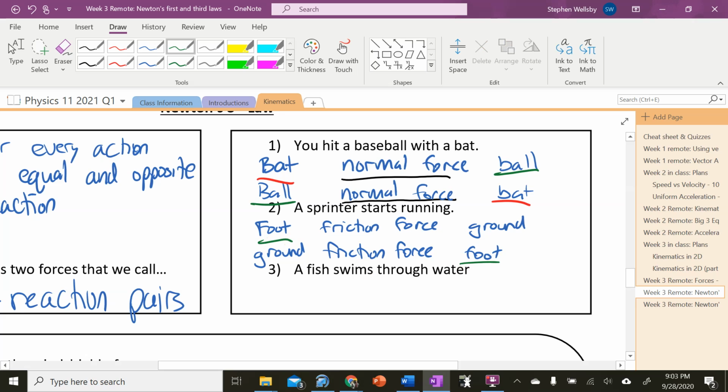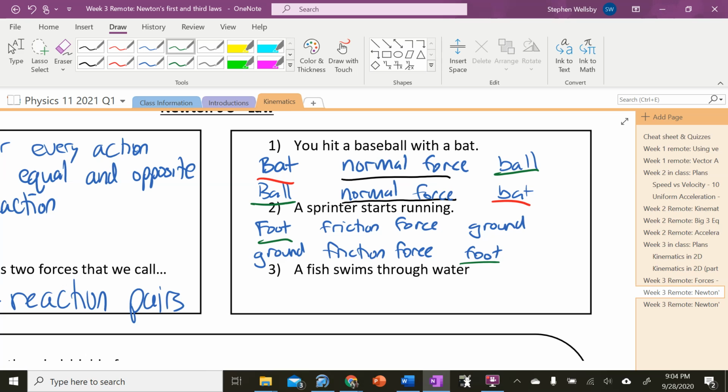So if we think about that, we are applying an equal and opposite force. So let's say I'm applying a 600 Newton force pushing the Earth backwards, and the Earth is applying a 600 Newton force pushing me forwards. Well, hopefully you can see that the reason why you would move forward as opposed to the ground is that you have a very, very, very small mass compared to the Earth.